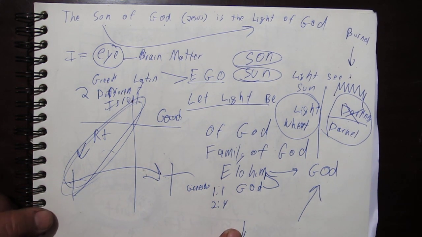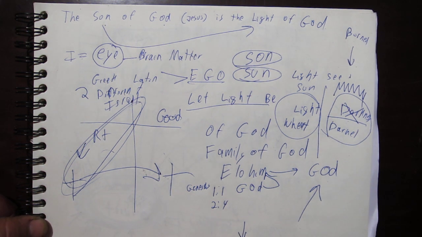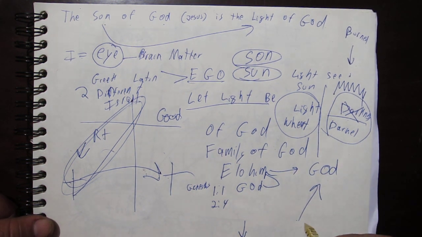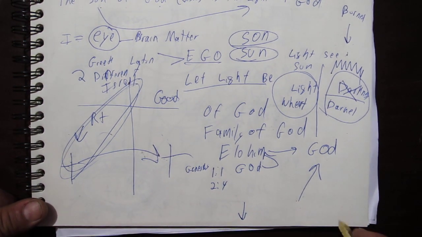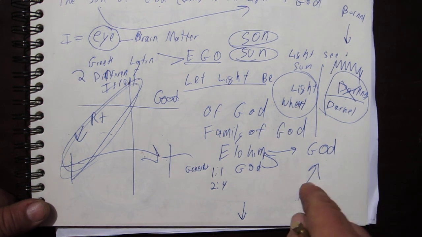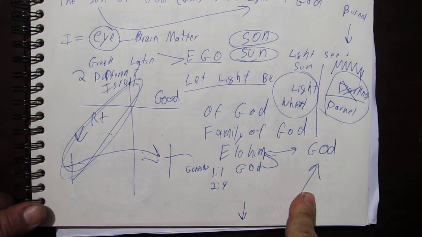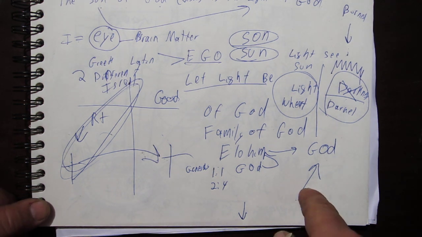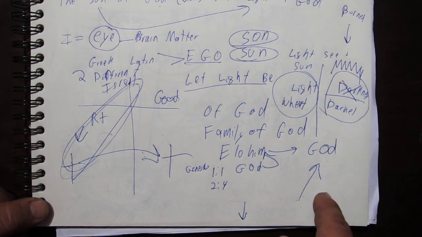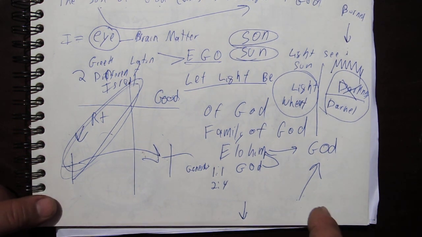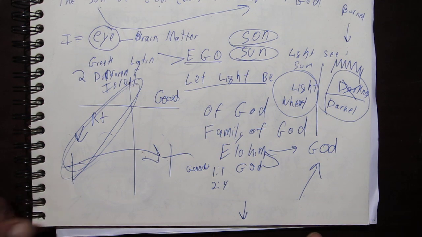When Jesus spoke about this in John 8, he was making a difference. When Jesus spoke before Pilate, he says, my kingdom is not of this world. The Son of God is the light of God, and those that see it, again, they see the light, as in Genesis in the beginning, God seeth the light, and it is good.